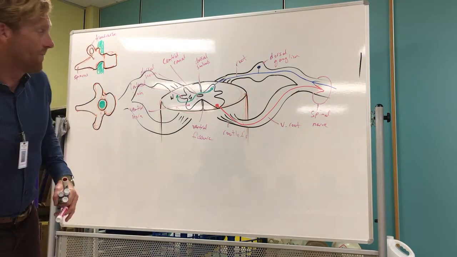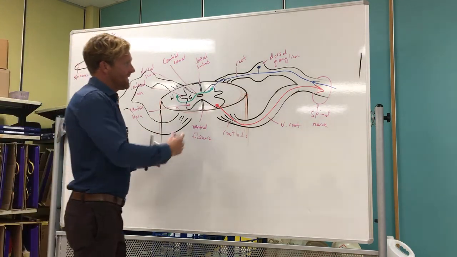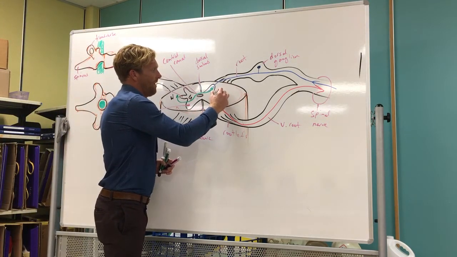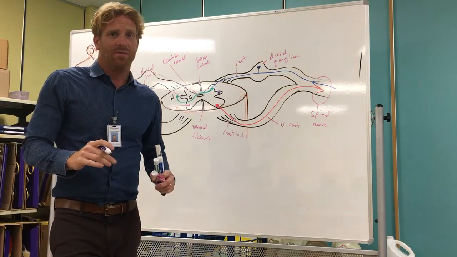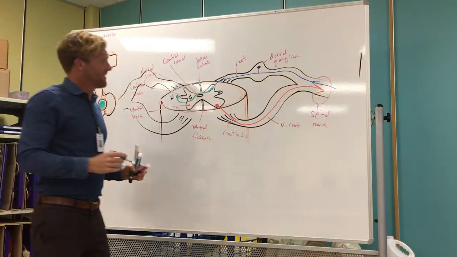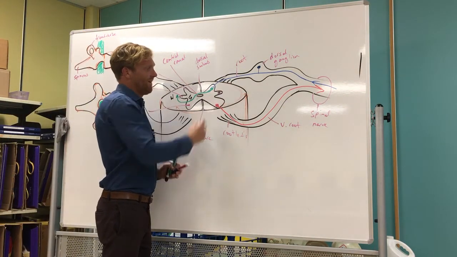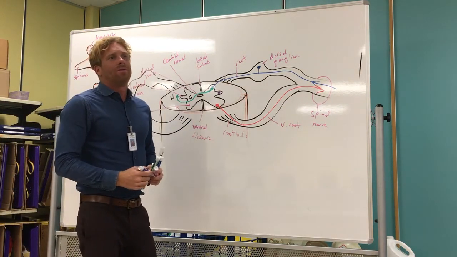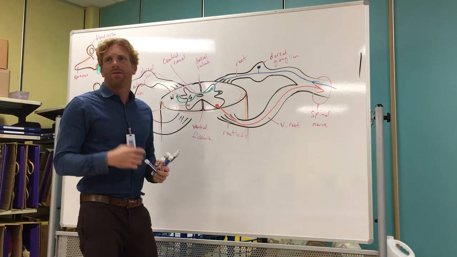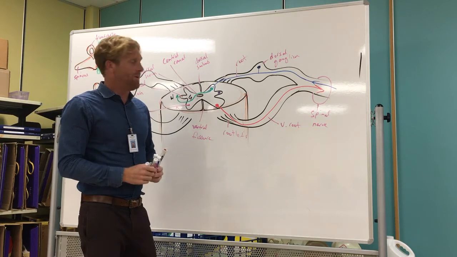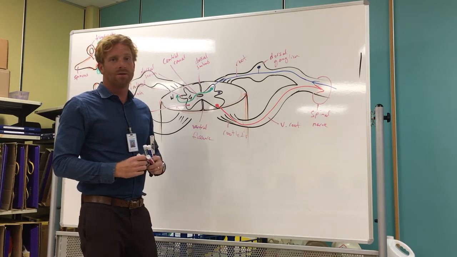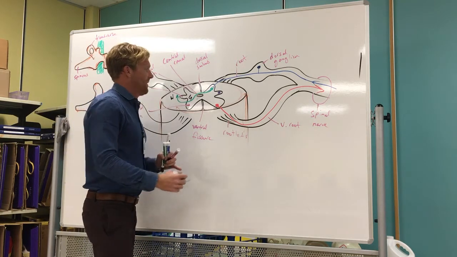Finally, the one thing we haven't talked about is this lateral horn. This actually contains the cell bodies of motor neurons associated with the autonomic nervous system, specifically the sympathetic nervous system. You'll have the cell bodies here, and these could be going to the heart to tell the heart to speed up. They could be going to the stomach to tell the stomach to stop doing its thing. It's what the sympathetic nervous system is famous for.